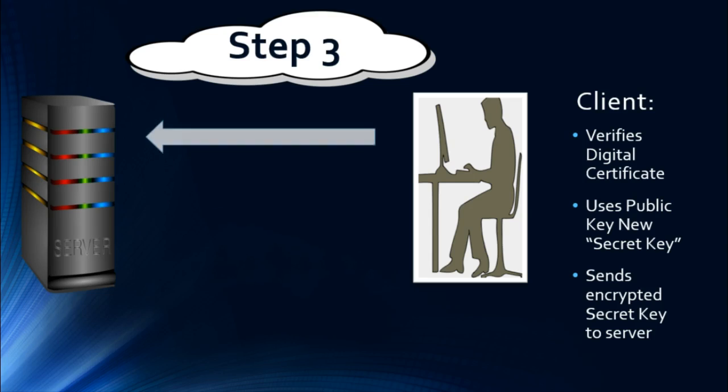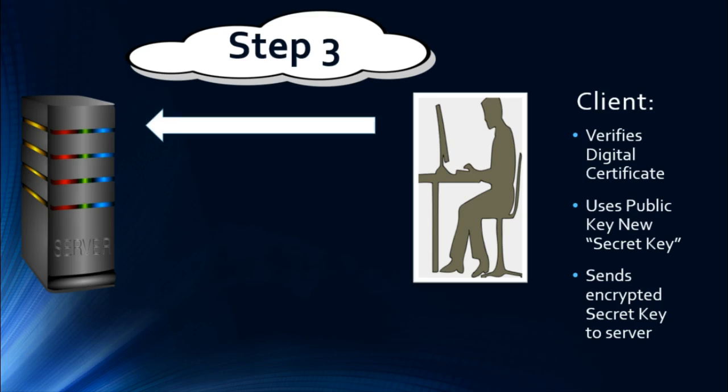It then sends this secret key back after it's been encrypted with the server's public key. So your computer behind the scenes takes the public key that the secure server sent you, generates a random key, encrypts it with that public key, and then sends it back to the server.